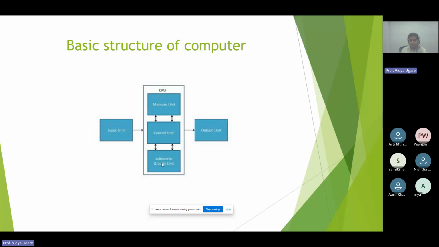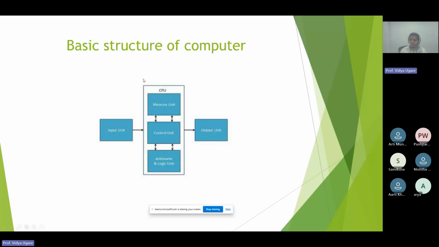Logical unit means in a computer we have some gates like AND gate, OR gate, NOT gate, which make up the logical unit. So the arithmetical and logical unit helps the processor perform arithmetical and logical functions.